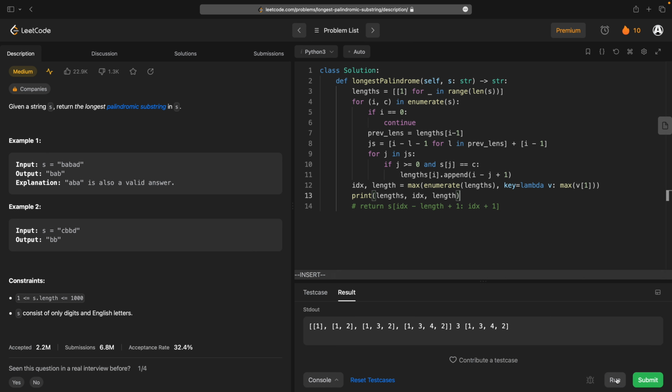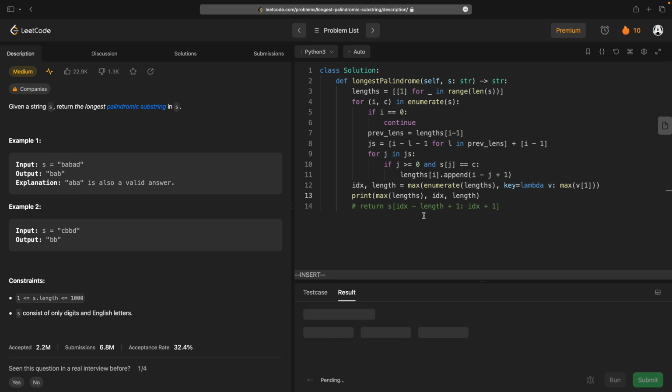So I think I want max lengths. Oops. No, I still want lengths here. No. I want max length.